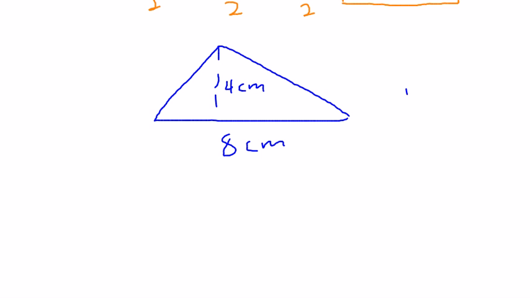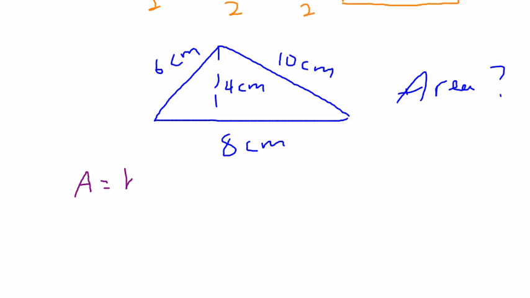This dimension is 6 centimeters. And this dimension is 10 centimeters. Okay, what is the area of this triangle? Well, we will apply our formula. Area equals base times height divided by 2.